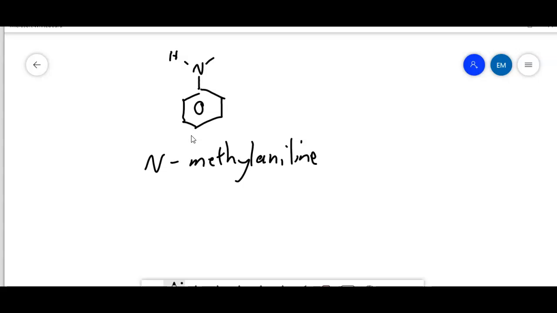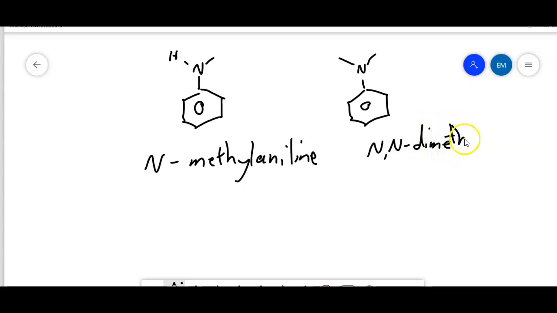It's toluidine is actually what it's called. So you're hopefully not going to get any of those. So anyway, this is N-methyl aniline. You could have, of course, this thing here, which is predictably N,N-dimethyl aniline.